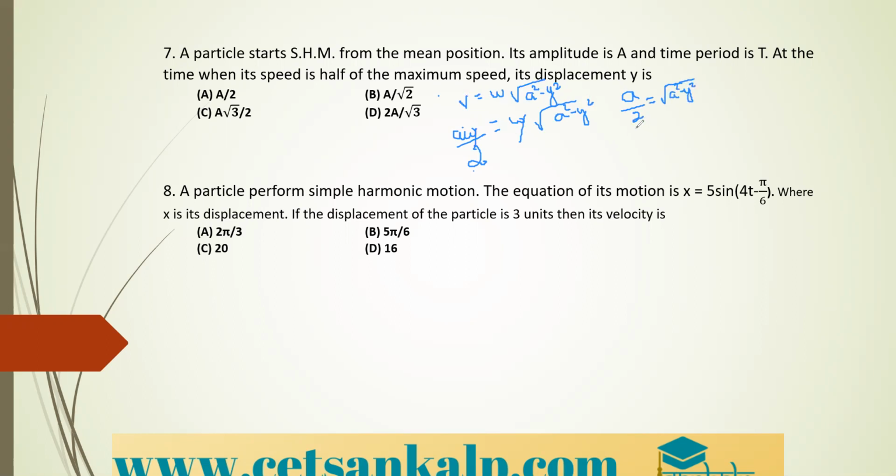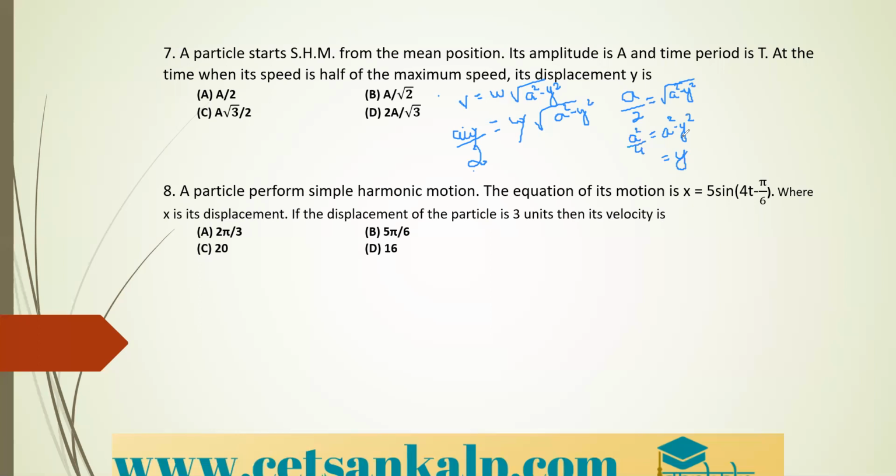Squaring on both the sides we can do, because we need to calculate the displacement y. Squaring on both sides, we will get A square by 4 is equal to A square minus y square. When you square on both sides, the root will get cancelled. Which implies y square is equal to A square minus A square by 4, transferring on the other side, you will get plus y square.